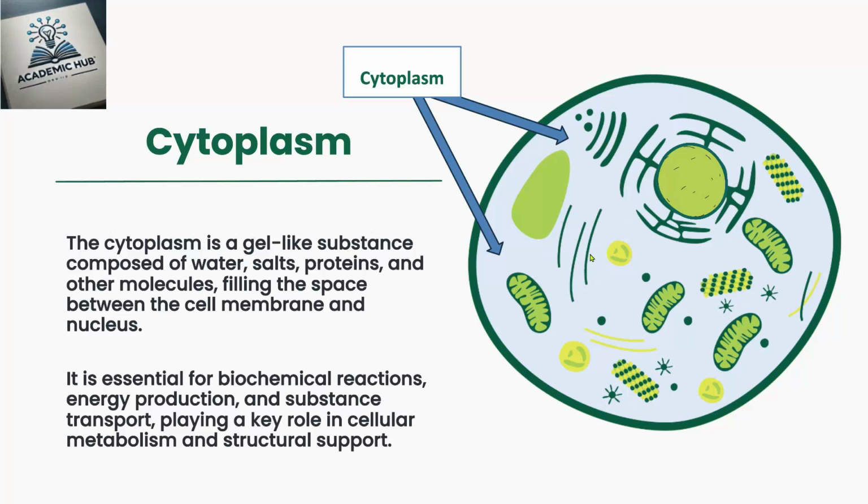Primarily it is composed of water, salts, proteins, and various organic molecules that provide the necessary environment for the cell's biochemical activities. The cytoplasm is the site where many essential metabolic reactions occur, including energy production, energy synthesis, and cellular transport.